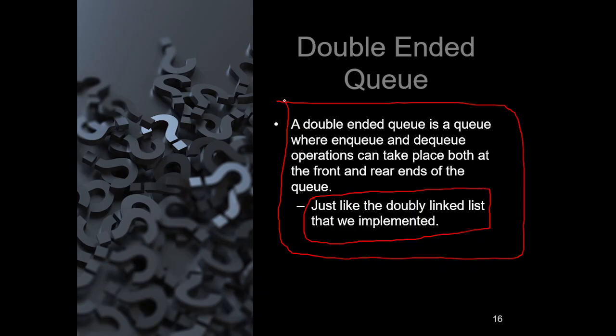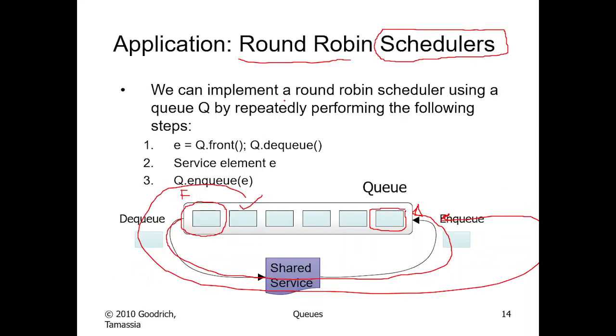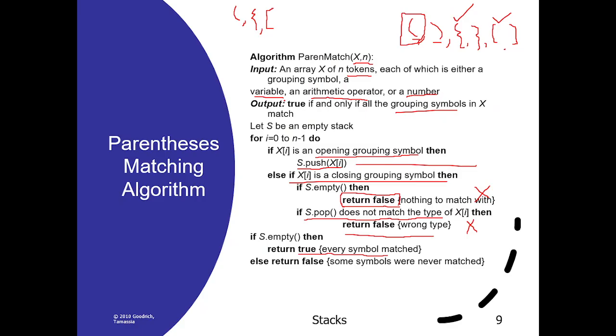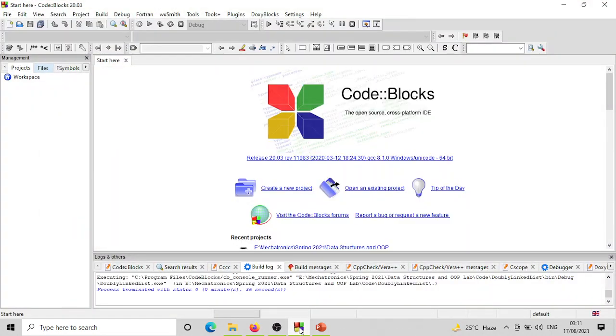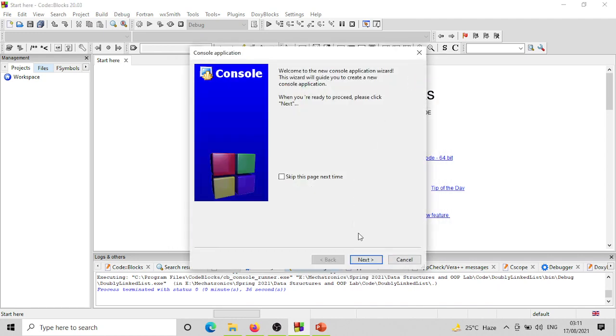And now in the remaining part of this lecture, we are going to implement the stack and the queue. So let's write some code. Let's come here to the Code::Blocks and create an application.